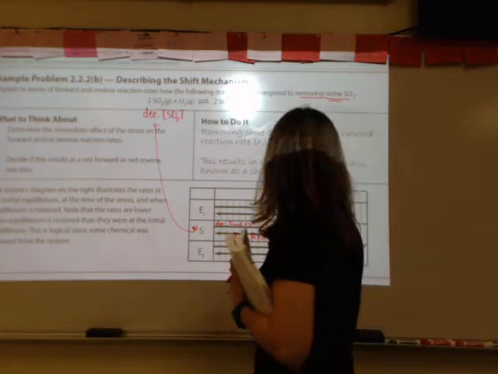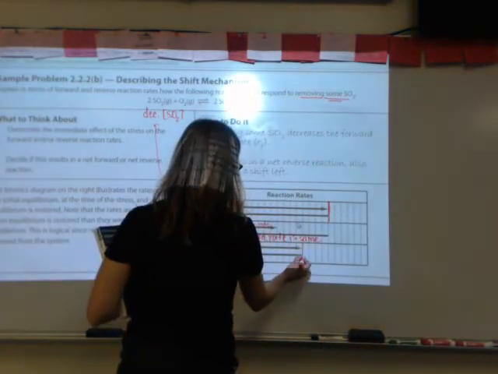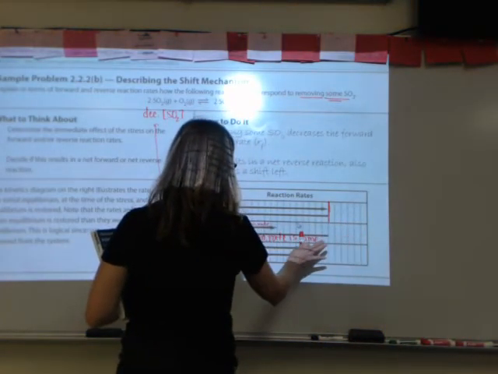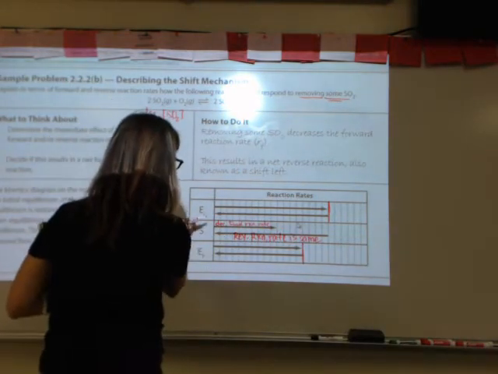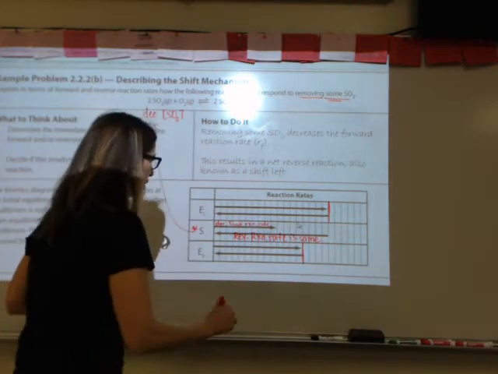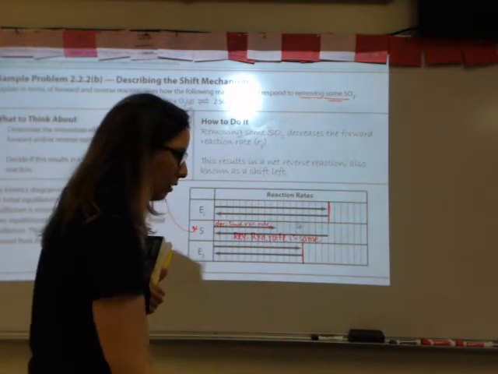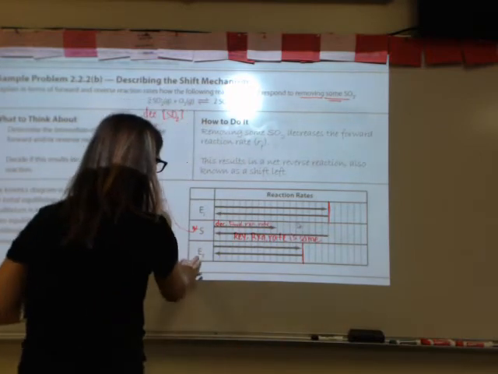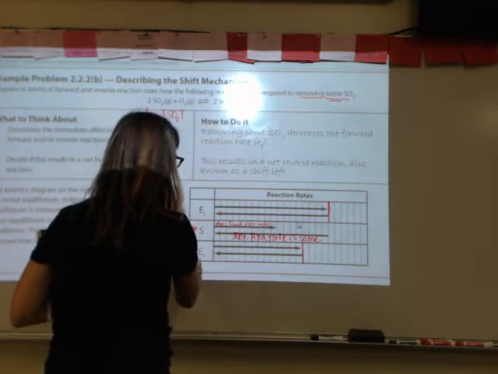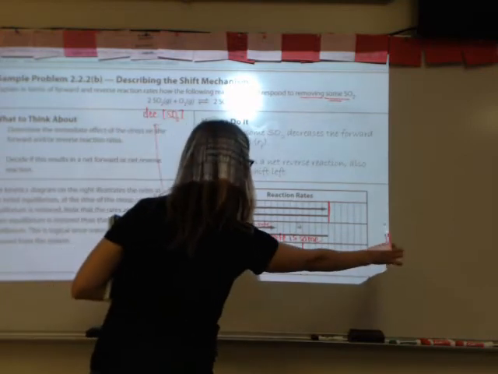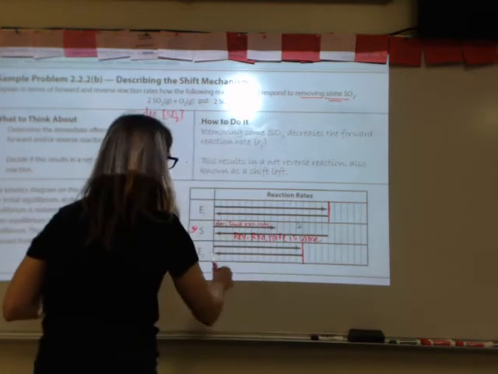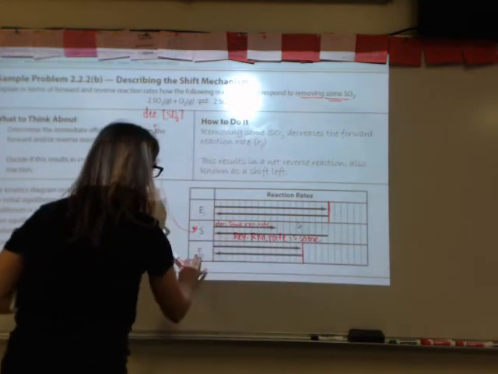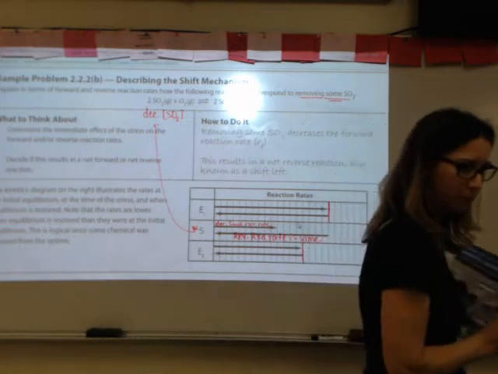Then your final equilibrium, you'll notice that they both, the forward and the reverse, have come down overall in comparison to the initial. So when I increase the concentration of things, my final forward and reverse rates overall had increased, but when I take something away, my forward and my reverse rates have come down at my final equilibrium. Okay?